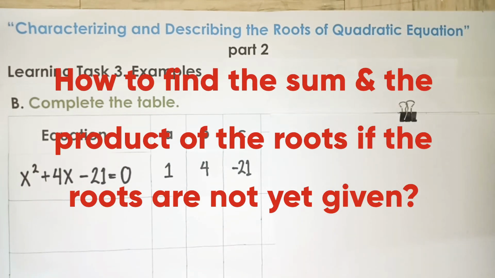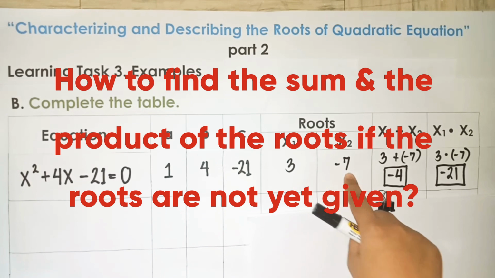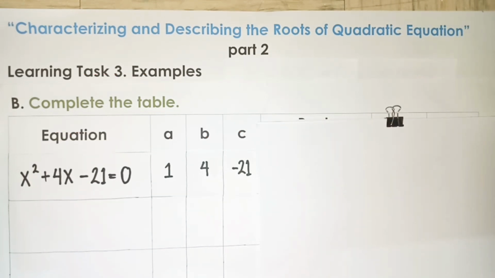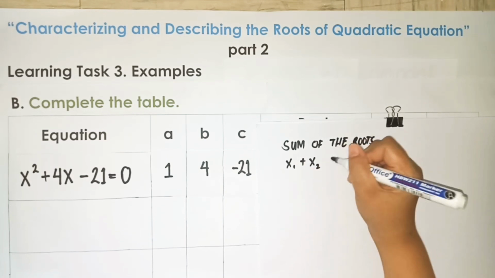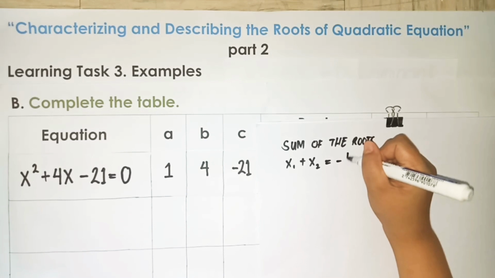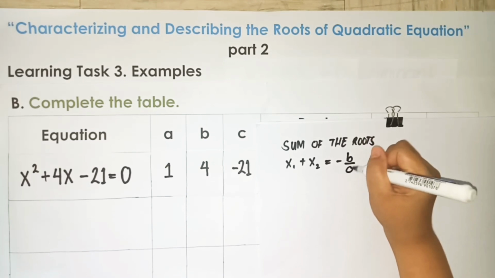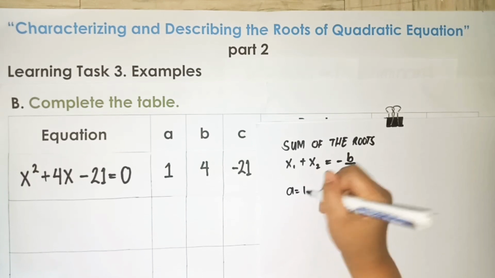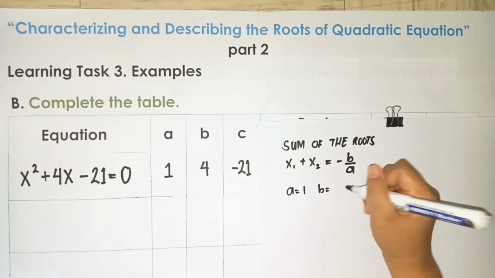But there, hindi pa natin alam na positive 3 at negative 7 ang roots. Pwede po. So, paano? The sum is also the same as the ratio of negative b over a. Ibig sabihin po, a is equal to 1 and b is equal to 4.